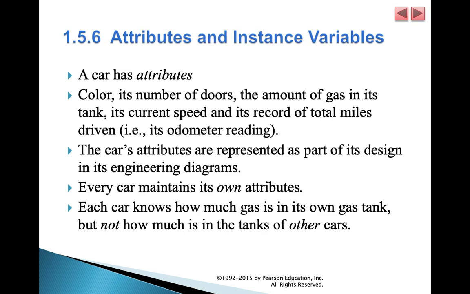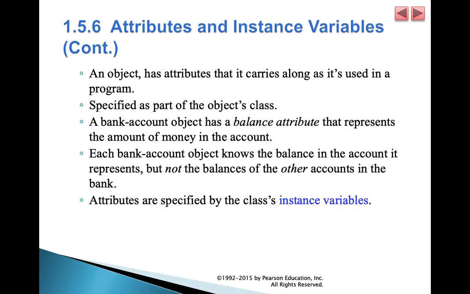So I have many cars from the same class. Every car has attributes, like this car's color is this. The gas in this car's tank currently is like this. This is the attribute of this car, but it can be different from the attribute of another car. So an object has attributes and carries them along as it's used in the program.